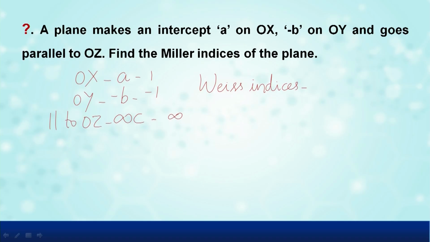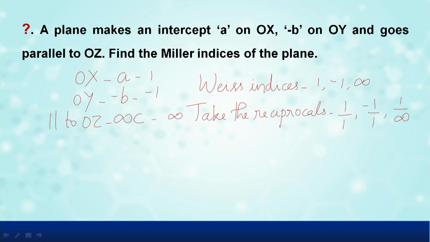Weiss indices are given as 1, minus 1 and infinity. Now, the next step is to take the reciprocals. So, we have 1 by 1, minus 1 by 1, 1 by infinity.